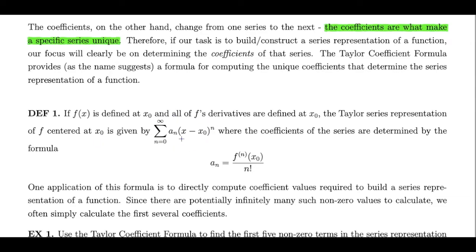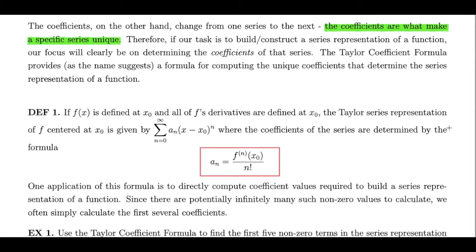Again, I see those two components: the power terms, or the variable terms, which are predictable, and then the coefficients. The coefficients in this context can be directly computed using this formula, which I refer to as the Taylor coefficient formula. It states that the nth coefficient will be the nth derivative of my function evaluated at the center value divided by n factorial.